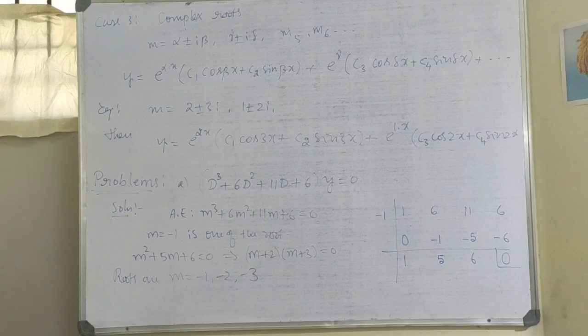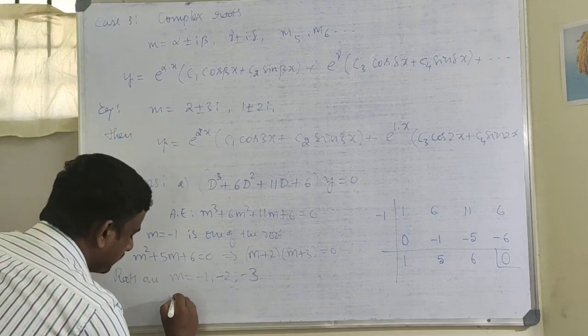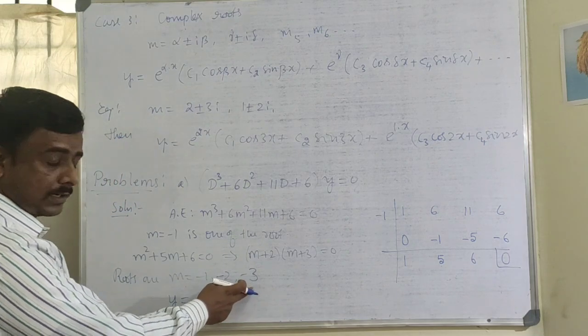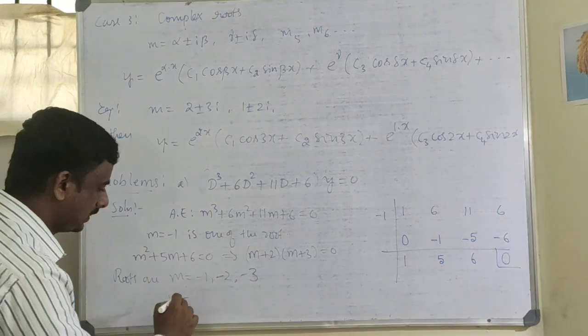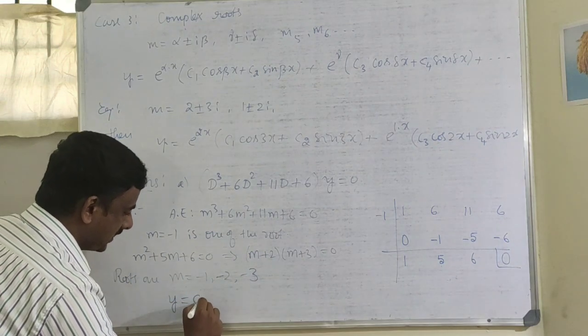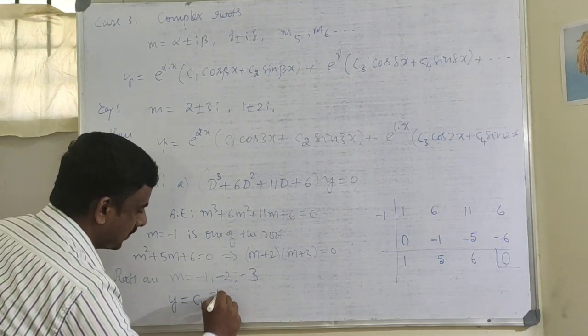Now the solution of the equation is y equal to, we have real roots and all are distinct. So y equal to c1 e power minus 1 into x.